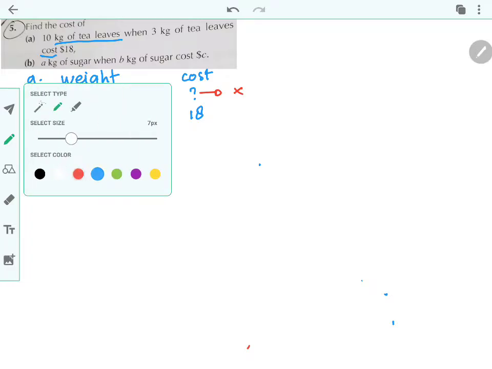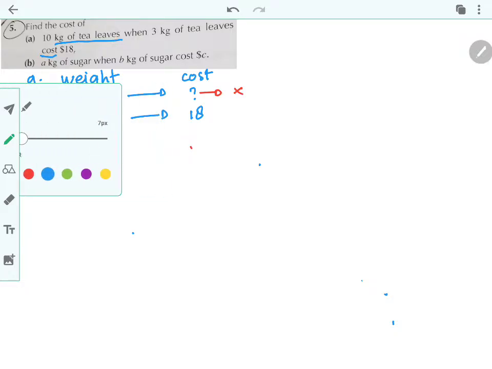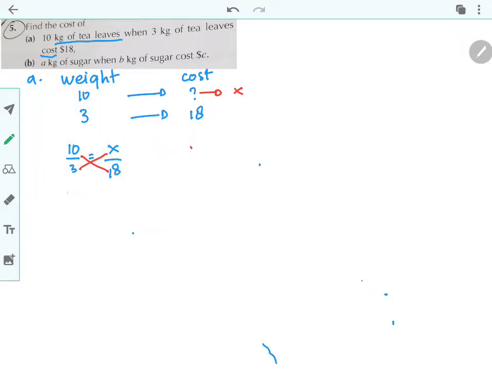So it will be 3 times x and 10 times 18. Let's go back again. So 3 times x is 3x, 10 times 18 is 180. So x equals 180 divided by 3, or x equals 60.